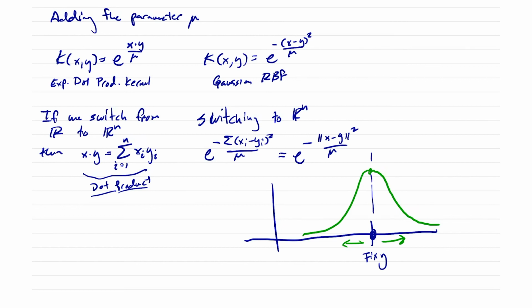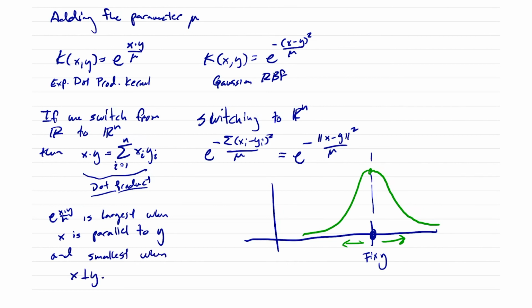That's harder to draw, but e to the x dot y over mu is largest when x is parallel to y, and smallest when x is perpendicular to y. And when x is perpendicular to y, it just gives you 1.